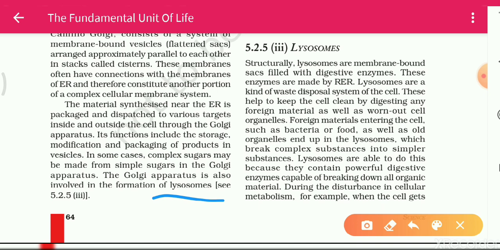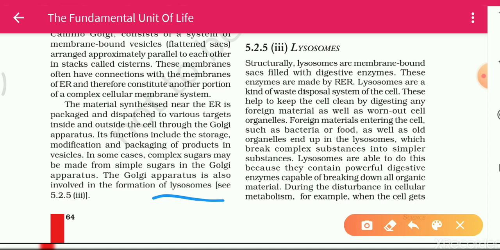Then we can see what the Golgi apparatus is. The Golgi apparatus consists of a set of membrane bound, fluid filled vesicles, vacuoles and flattened cisternae, which is present near the endoplasmic reticulum or nucleus.